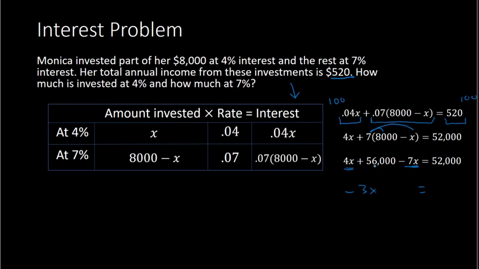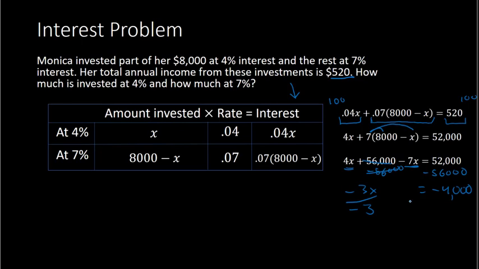And then I can also subtract this 56,000 on the right side to bring it away from the x. So when I subtract, it cancels on the left side. So I have just the negative 3x over here. And then 52,000 minus 56,000 would be negative 4,000.